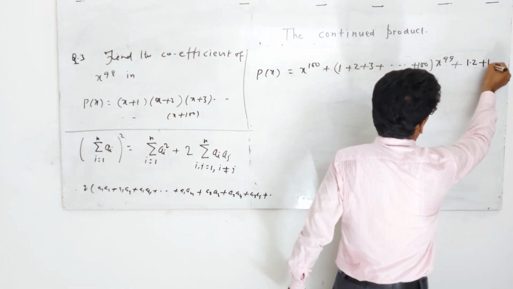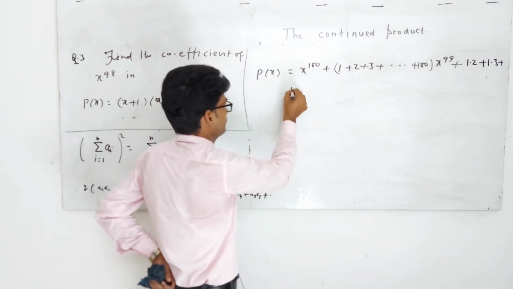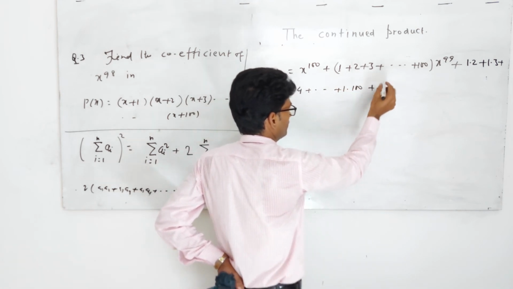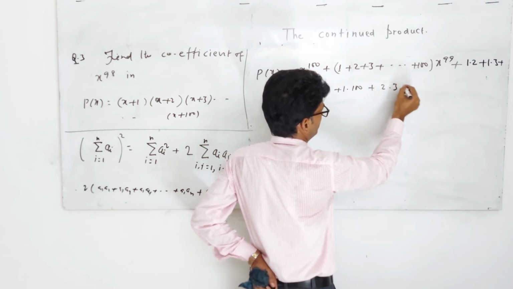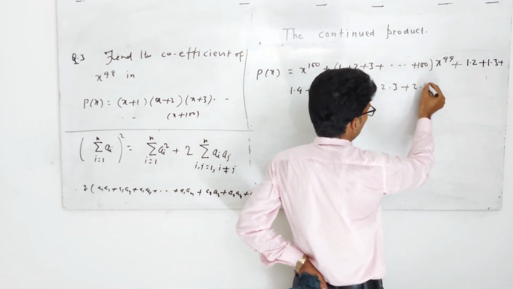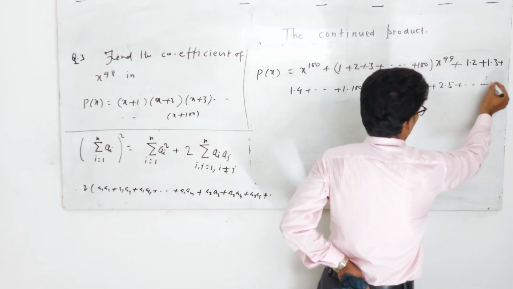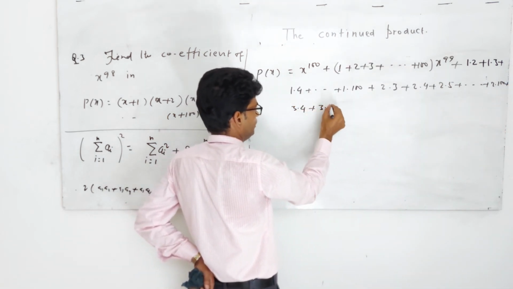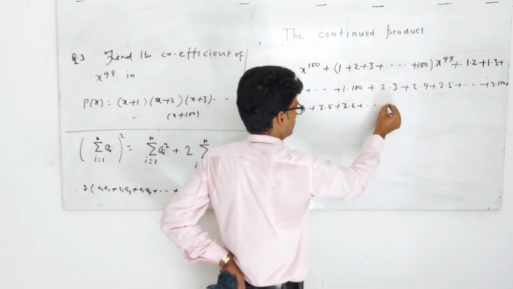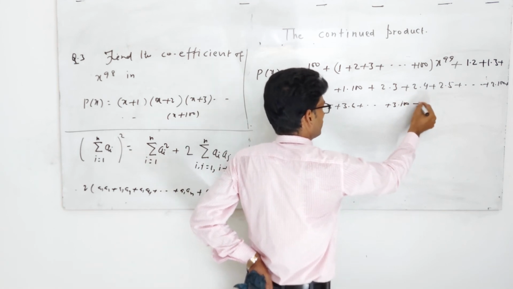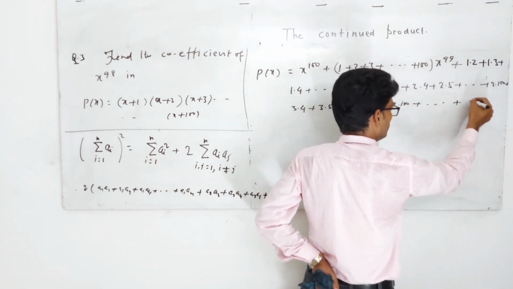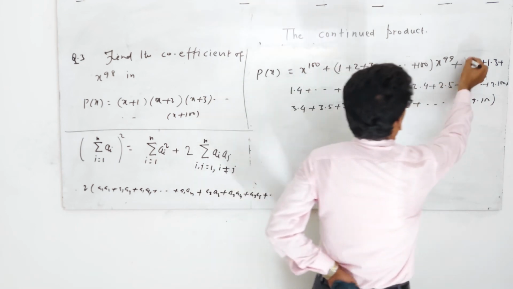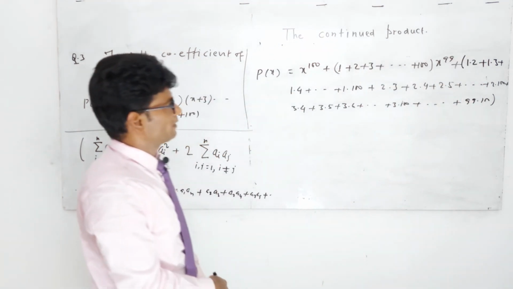So here what we have to write? 1 into 2, 1 into 3, 1 into 4, plus ... plus 1 into 100, plus 2 into 3, 2 into 4, 2 into 5, plus ... 2 into 100, plus 3 into 4, 3 into 5, 3 into 6, plus ... plus 3 into 100, and so on, plus lastly the last pair, 99 into 100, and then we have to take the bracket, parenthesis.